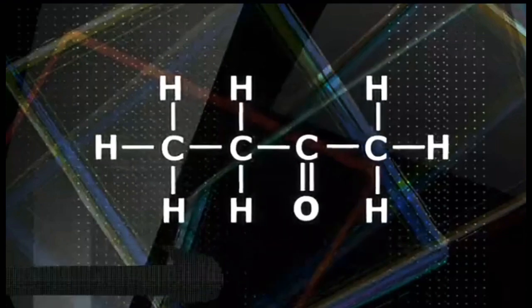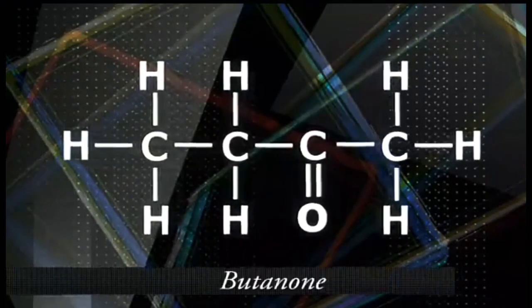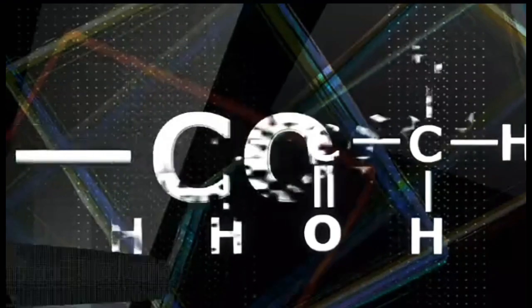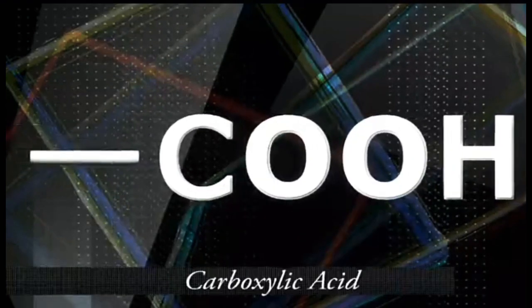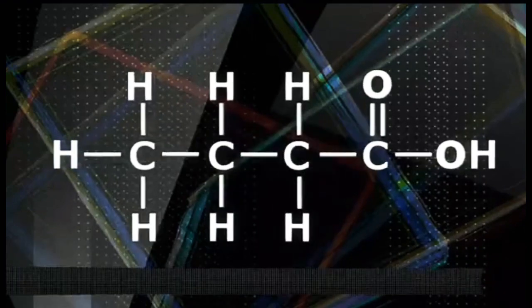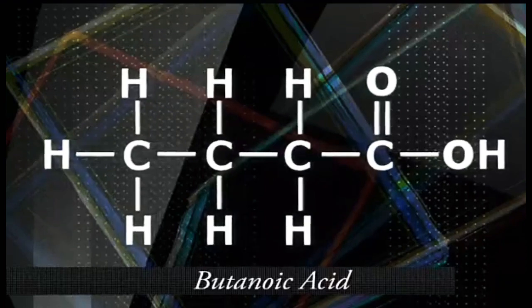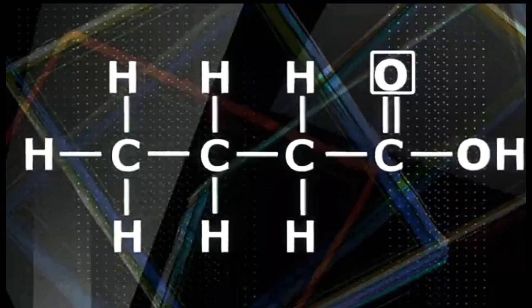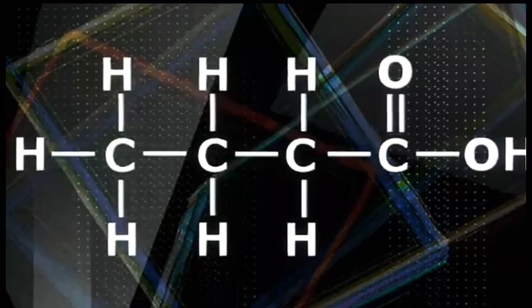Here, an example of butanone is representing ketones. Carboxylic acid is yet another important functional group represented as COOH. Look at the given example of butanoic acid where the terminal carbon atom is attached to an oxygen atom and an OH group.